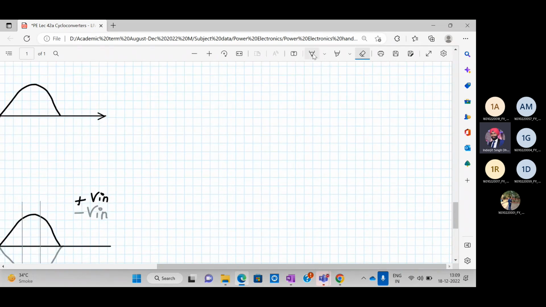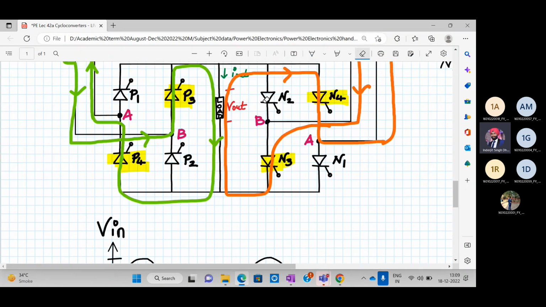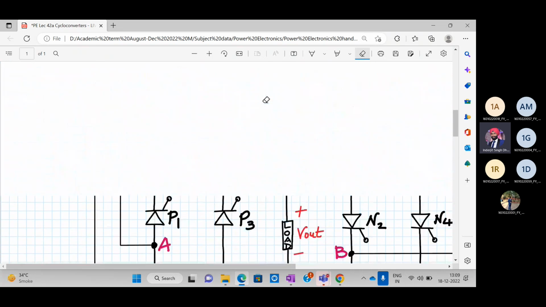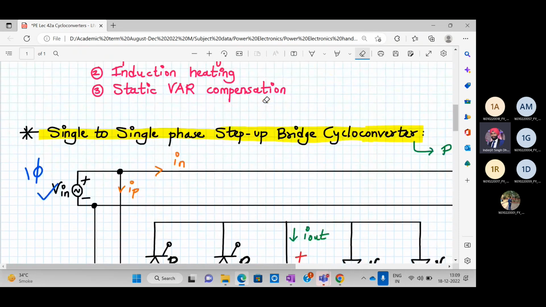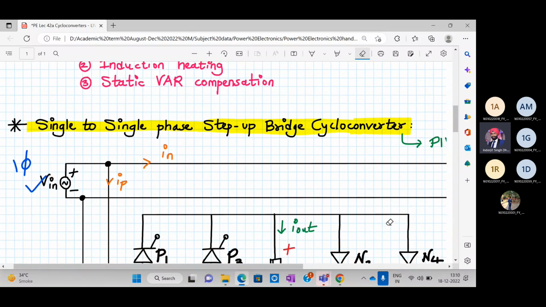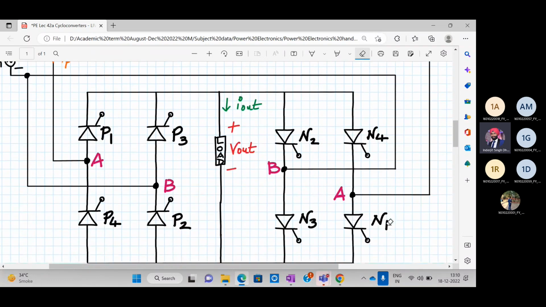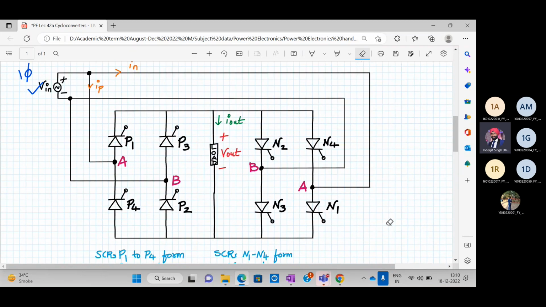Step down, actually, I don't have anything right now with me, so I will cover that next time. But you have understood the concept of a cycloconverter. If they ask you in the exam to write a short note on or explain single phase to single phase step up bridge cycloconverter, at least you can attempt it. The circuit diagram itself will carry some marks.